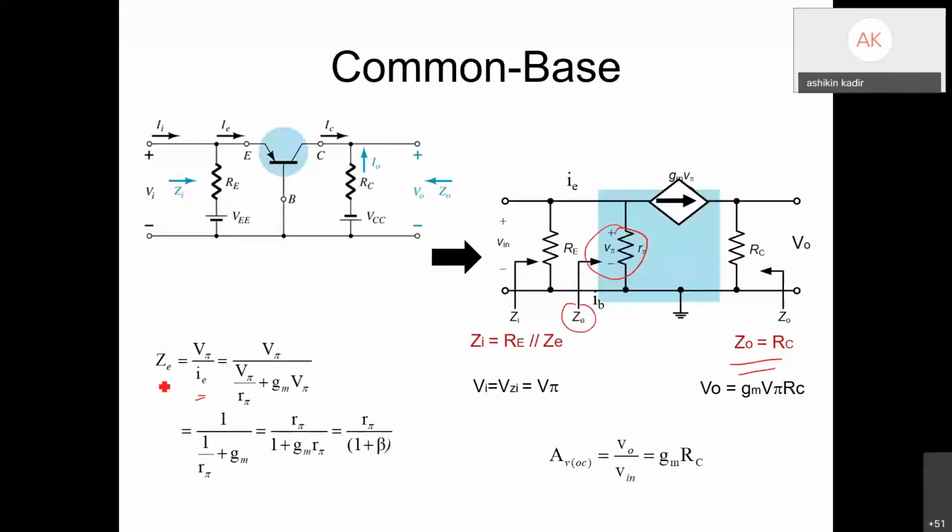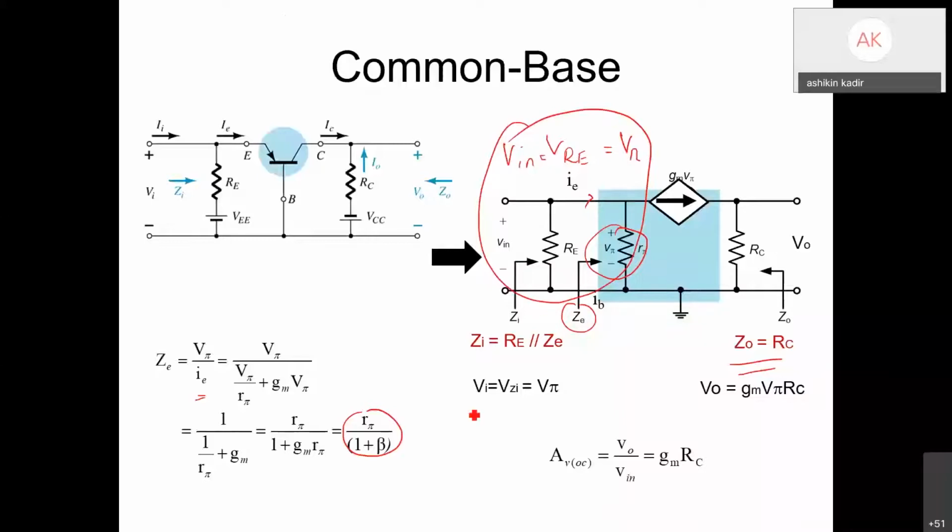So ZE equals V pi over IE, so you get R pi over 1 plus beta. So for VI, V in equals VRE equals V pi, right? Because this is parallel.